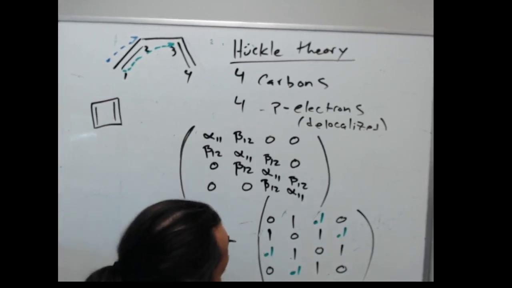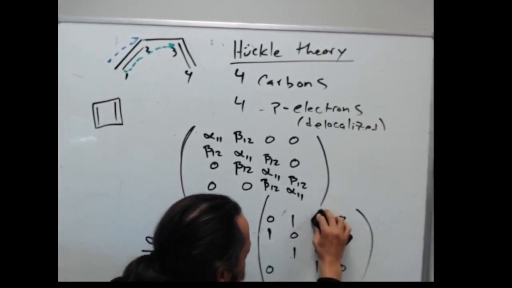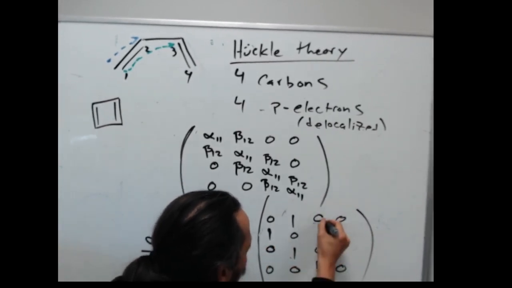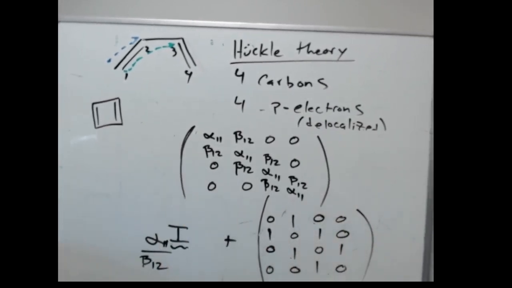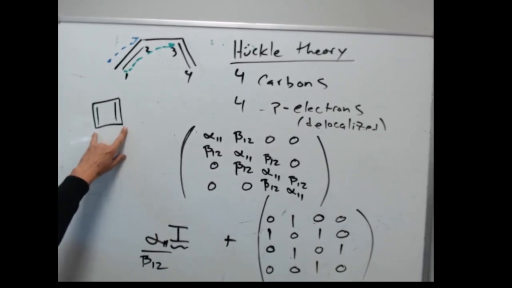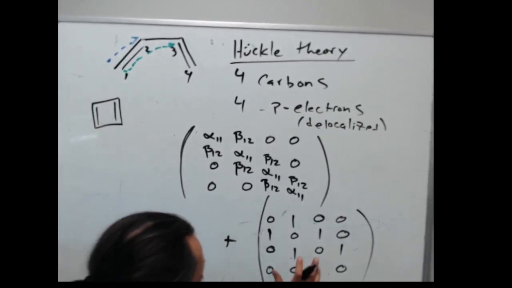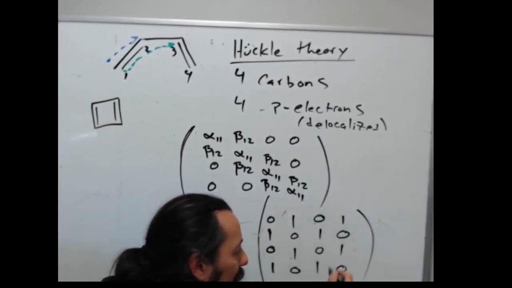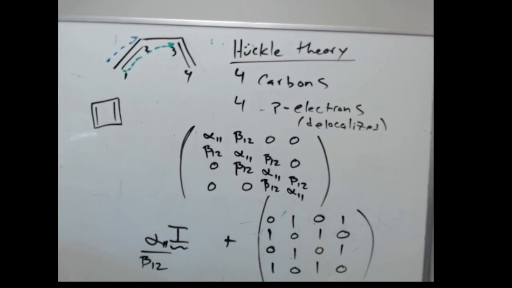And in that situation, if I go back to forget my 1,3 interaction, carbon 1 and carbon 4 are as connected as carbon 1 and carbon 2. So I end up with these corner values having 1s. And obviously, I'm going to end up with different solutions in that situation, different wave functions, so different lists of coefficients and different energy values associated with it.